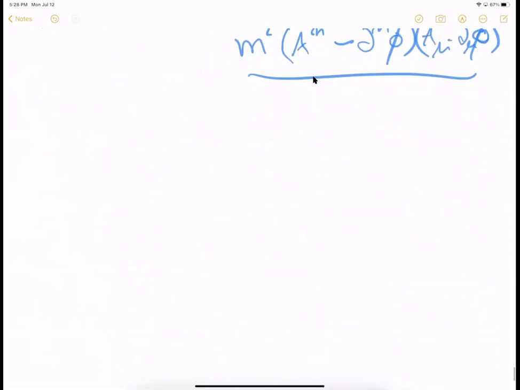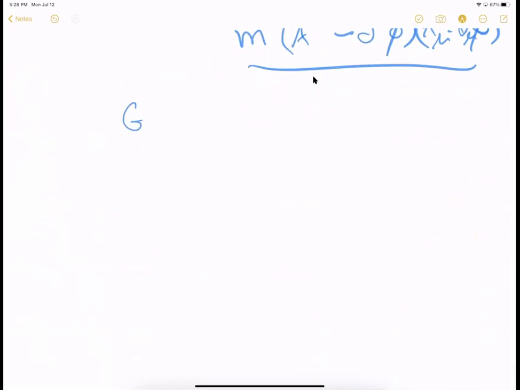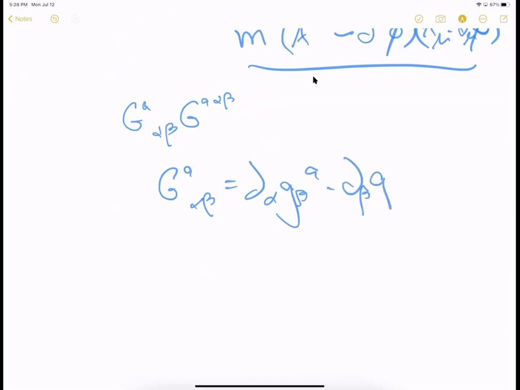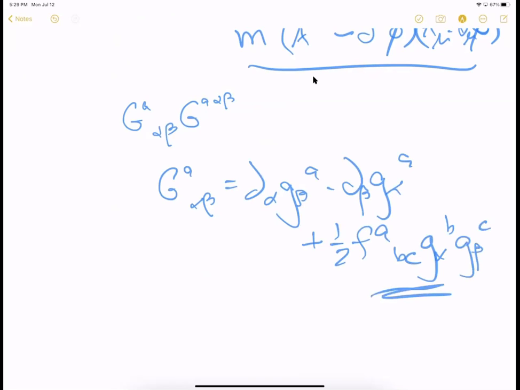Okay, what else can happen? If we expand the gluon fields, remember that the gluon field is a curl, G beta G alpha A, plus a structure constant, G alpha B G beta C. And this term means that there are going to be other interactions.